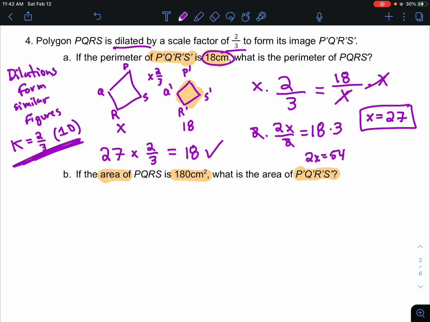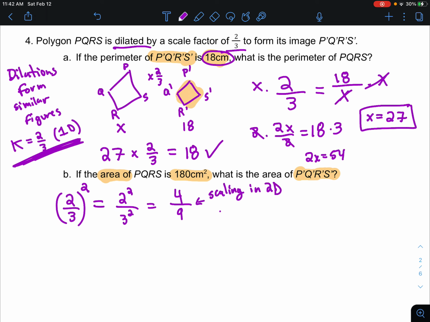And to do this, we take our scale factor, 2/3, and we can square it. So 2/3 squared is equivalent to 2 squared over 3 squared, which is equivalent to 4 over 9. And the 4 over 9 is our scaling in 2 dimensions of the area.